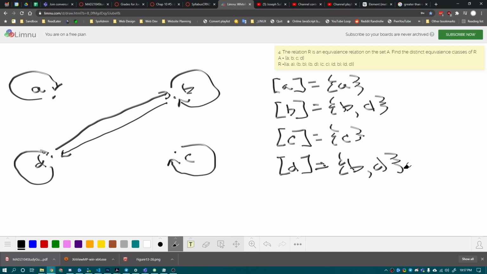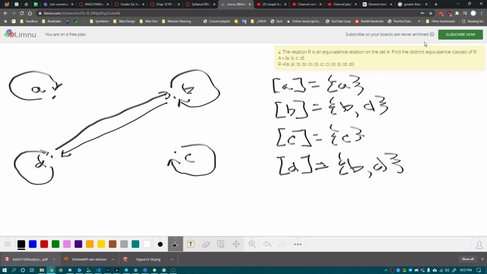And I would recommend when you're doing this to do it in alphabetical order or descending. Whatever order you do, just keep the same order because then it's easy to see which ones are equivalent. A is by itself, B and D are the same, and C is by itself.